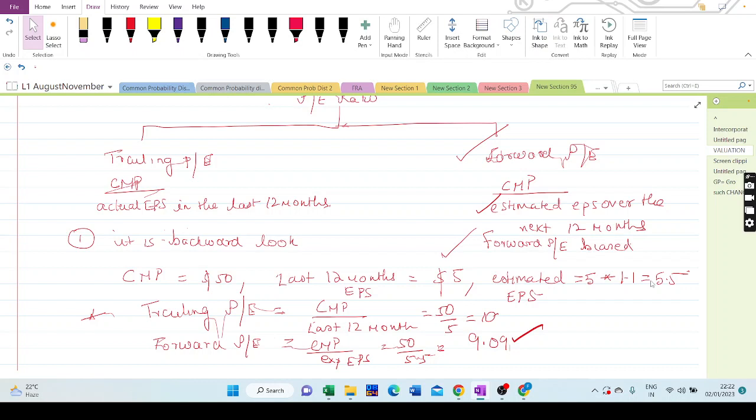Then our forward PE would be incorrect, because we calculated the forward PE using an EPS growth of 10%, but the actual EPS growth turns out to be less than 10%. So my forward PE would be biased. Right, Victor? Have you understood this or not? I'm good, sir.